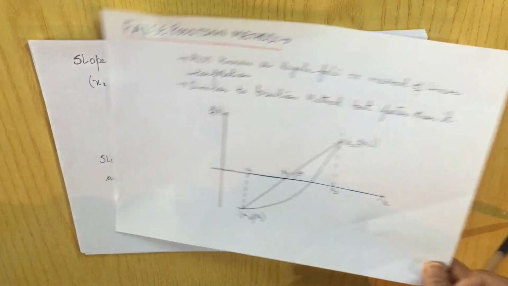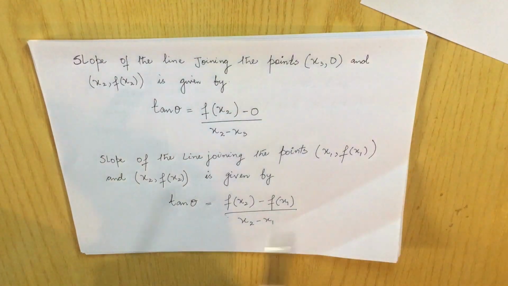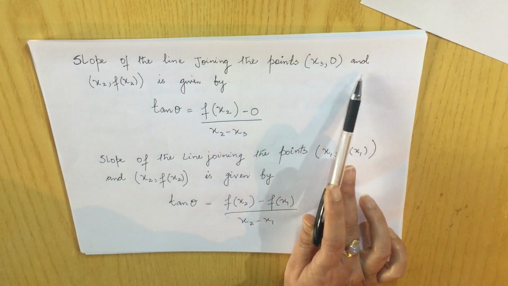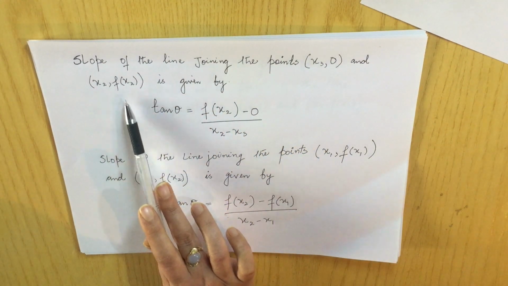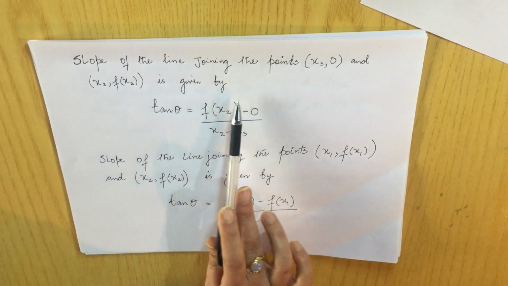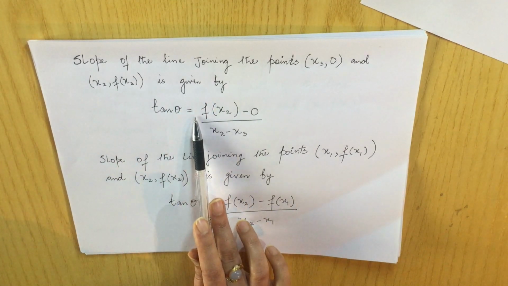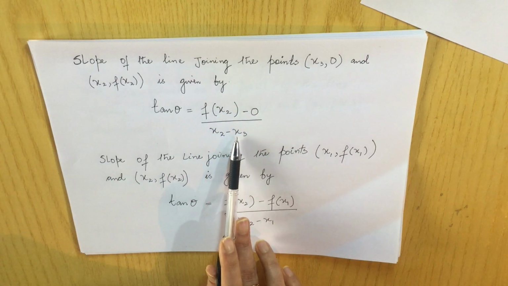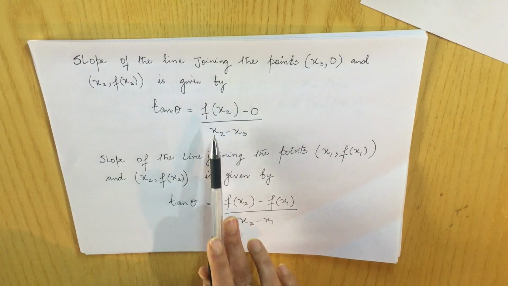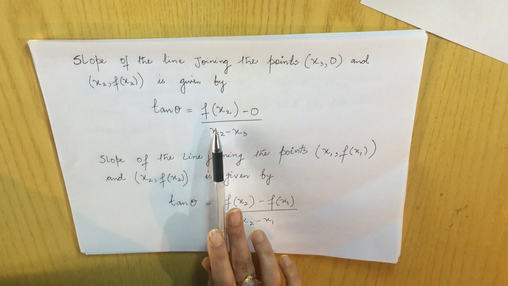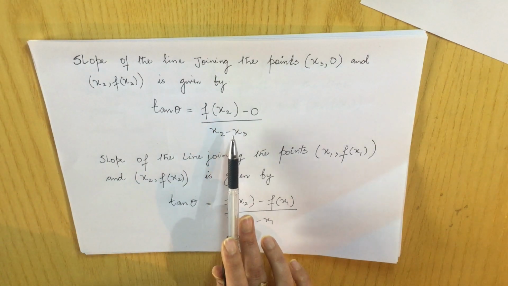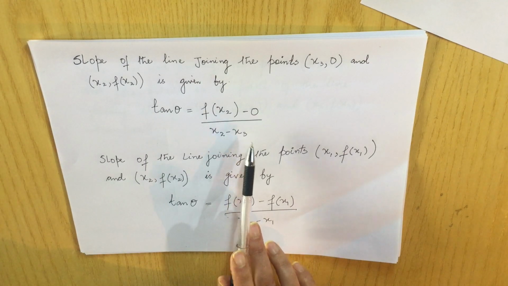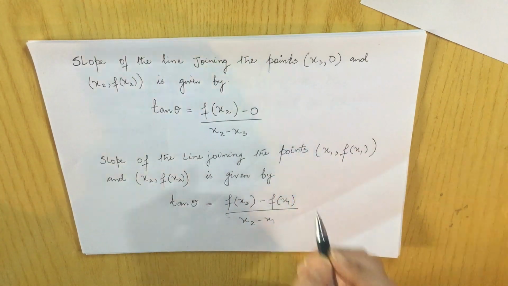So how are we going to do it? The slope of the line joining the points x3, 0 and x2, f of x2 is given by tan theta equal to f of x2 minus 0 divided by x2 minus x3. As you know, the slope of a line is given by y2 minus y1 divided by x2 minus x1.